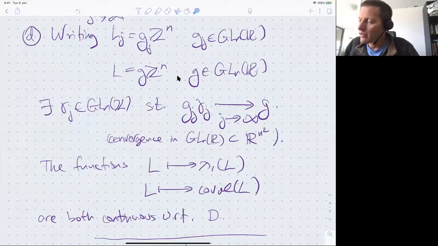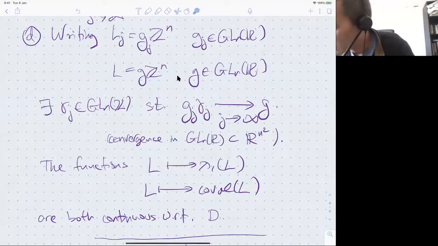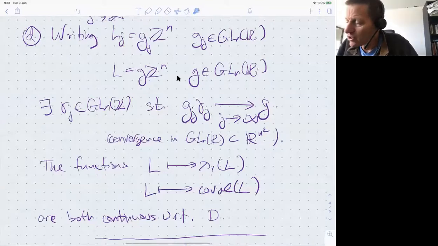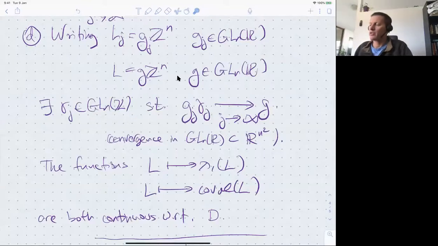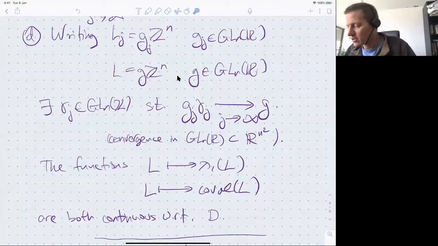If you write Lj as the image of Zn under Gj and L as the image of Zn under G, then Gj should converge to G, perhaps after right composing with an element of the stabilizer of Zn, which is GLn(Z). On top of that, we proved that these two functions, the covolume function and the shortest non-zero vector length in the lattice, are continuous with respect to this metric.